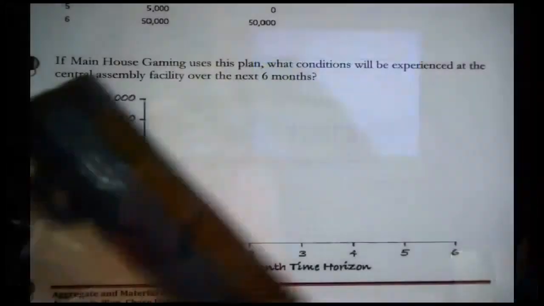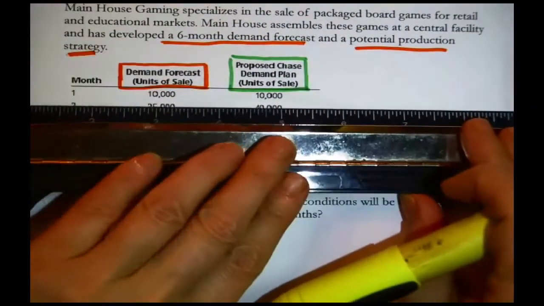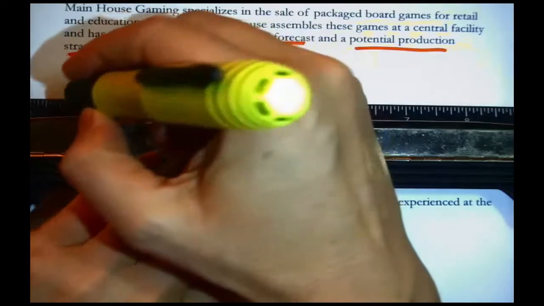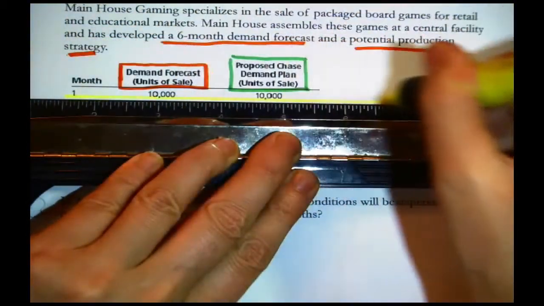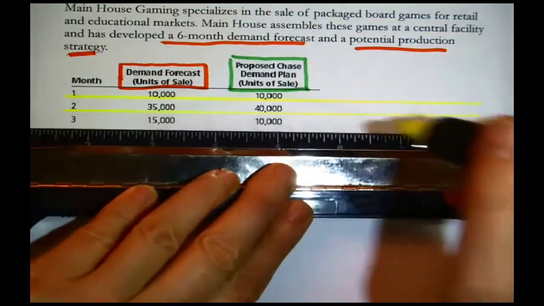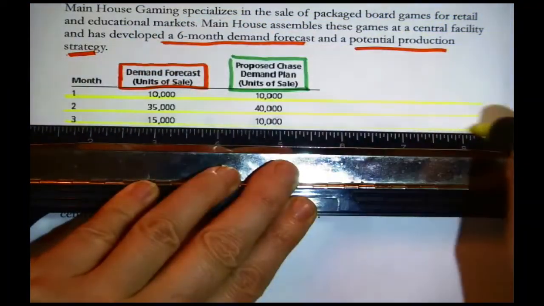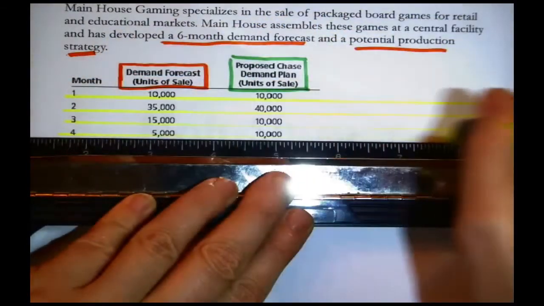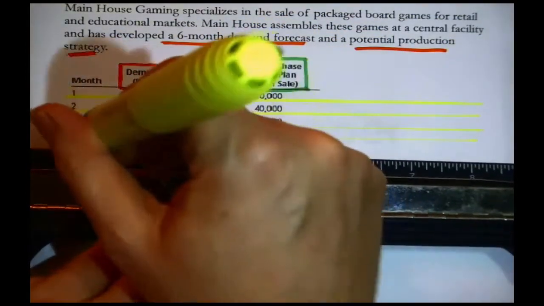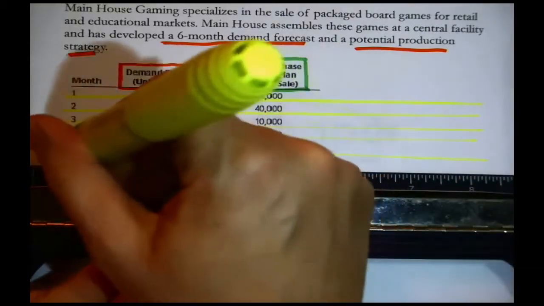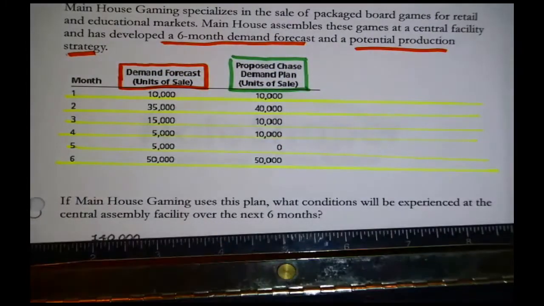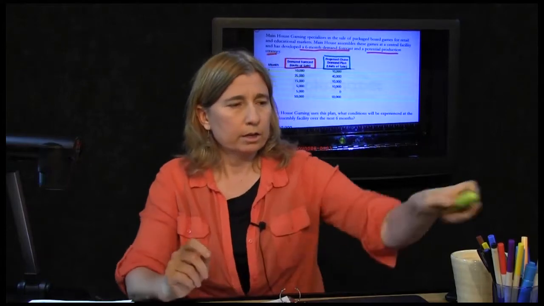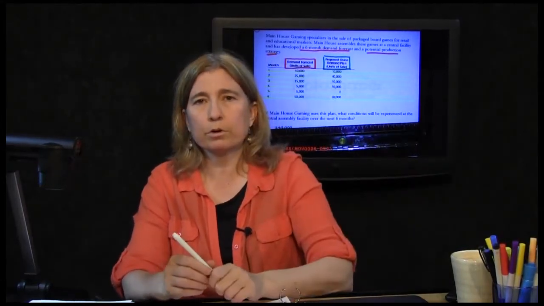One of the things I'm going to do for the note frame is just create some straight lines so I can keep my work neat and tidy, because I need to create some numbers for month 1, for month 2, for month 3, 4, 5, and 6. There, that'll help me a little bit, because there is 6 months' worth of planning here.